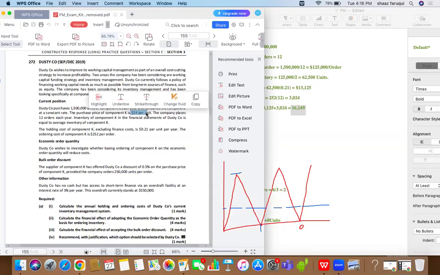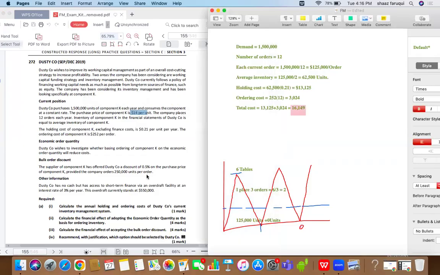Remember this, please. Here, I'm only talking about the cost incurred to manage and keep the inventory. So 16,149 per year is the cost.